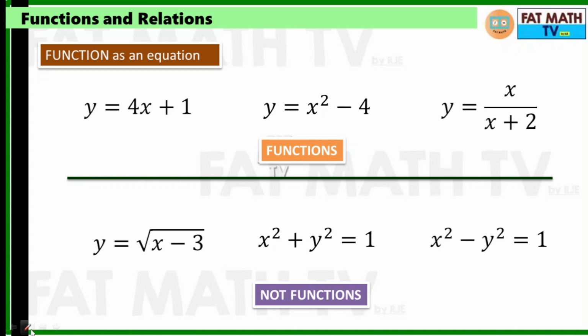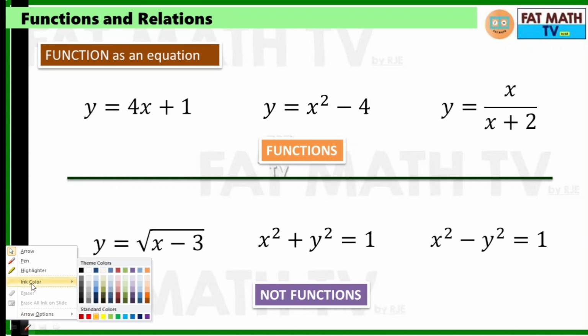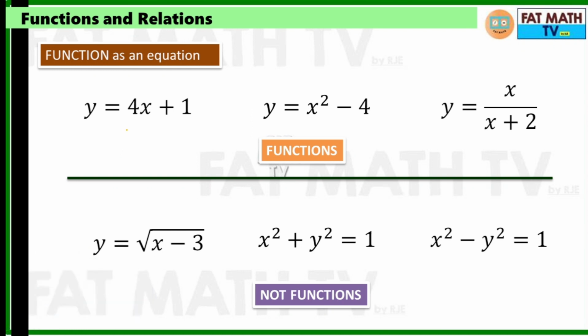So for x equals 1, the y value is 5. If x is 2, 4 times 2 plus 1, that's 8 plus 1, that's 9. 2 is being paired to 9 only, and so on. So for each value of x, the pair from the domain is only 1.